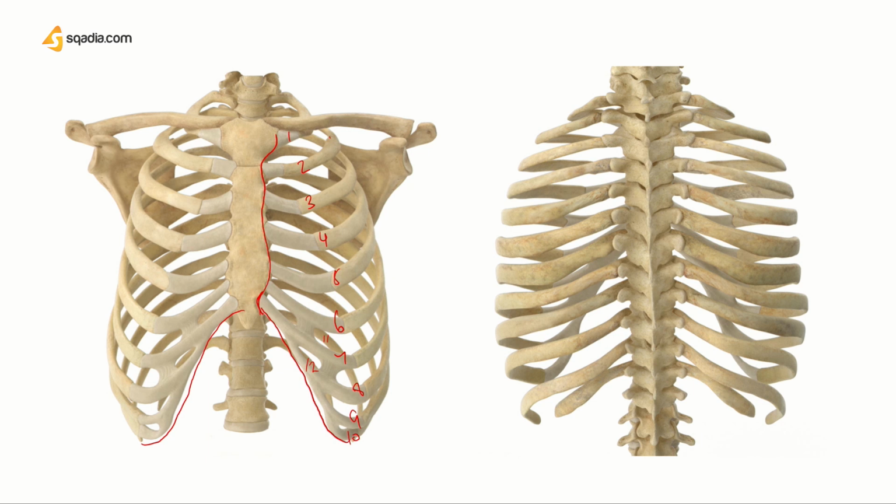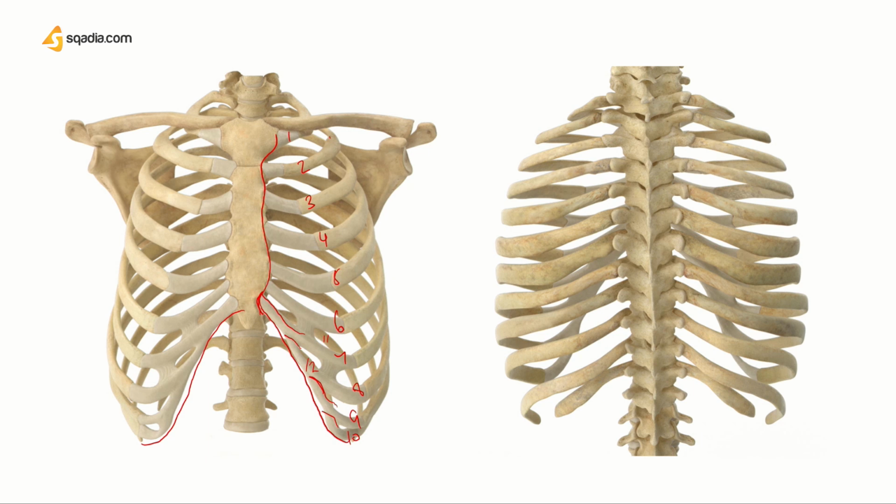And as we discussed, since the 7th rib articulates with the sternum, the 8th, 9th, and 10th ribs articulate with the higher costal cartilage. So the 8th one articulates with the 7th, the 9th one articulates with the 8th, and the 10th one articulates with the 9th costal cartilage.